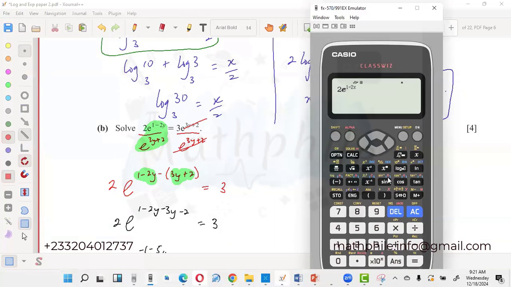So I'm going to write 2x instead. So it's equal to 3e raised to the power 3x plus 2. So Shift, Solve, then equal to. Okay, we are correct. Negative 0.281.